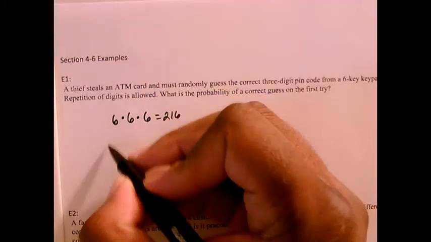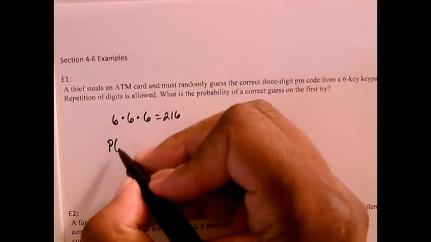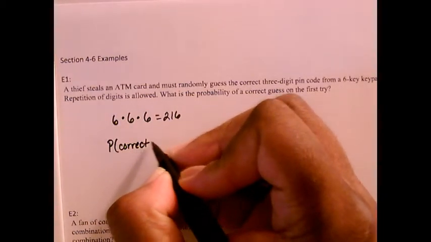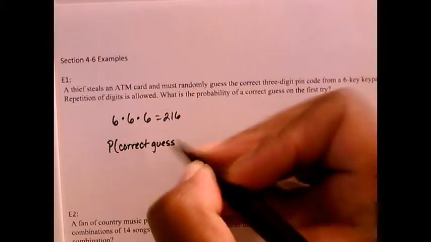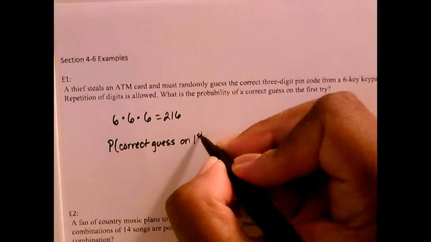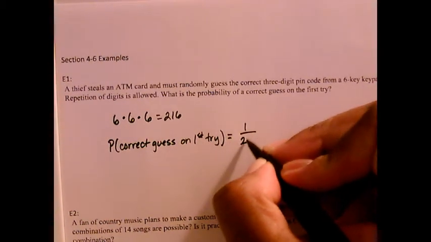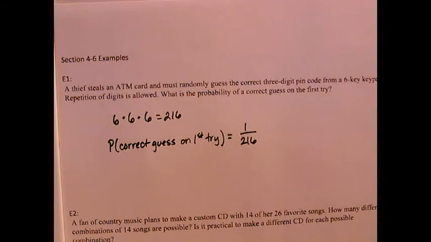Now, the probability of getting a correct guess on the first try, that's just simply going to be 1 over 216. Because there's only one correct 3-digit PIN code on that ATM card. And for him to get it on the first try, that probability will be 1 out of 216.